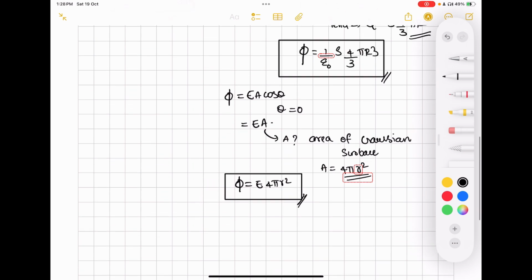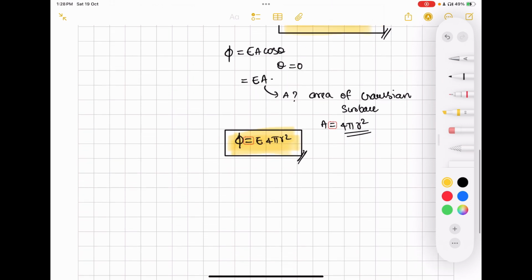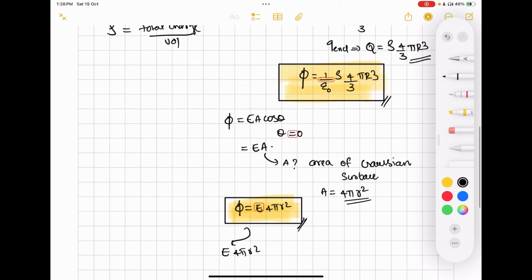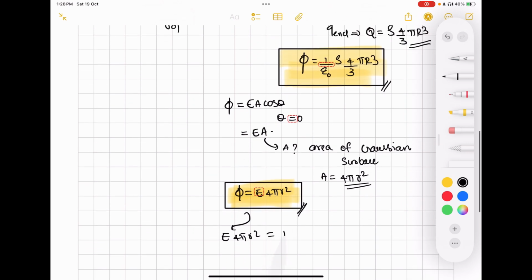So we got two equations for phi, and we will equate them. We have E into 4 pi r square, and phi is equal to 1 by epsilon 0 rho 4 by 3 pi capital R cube.